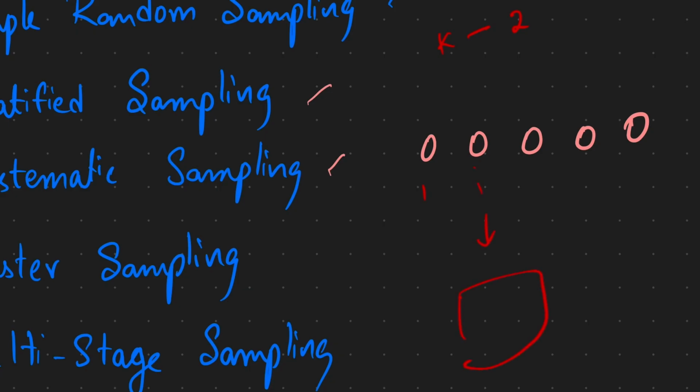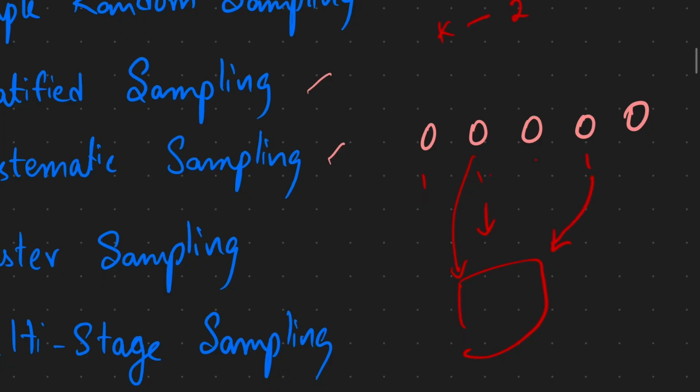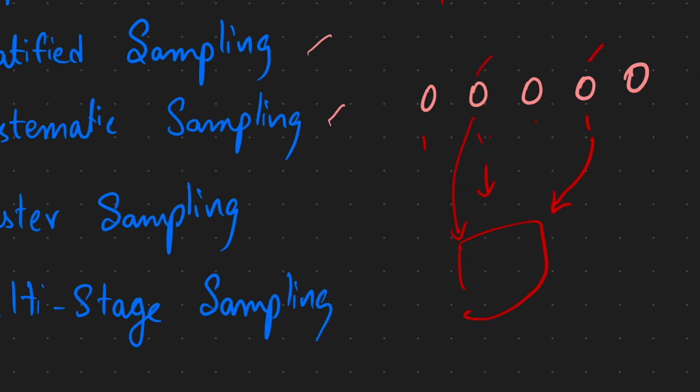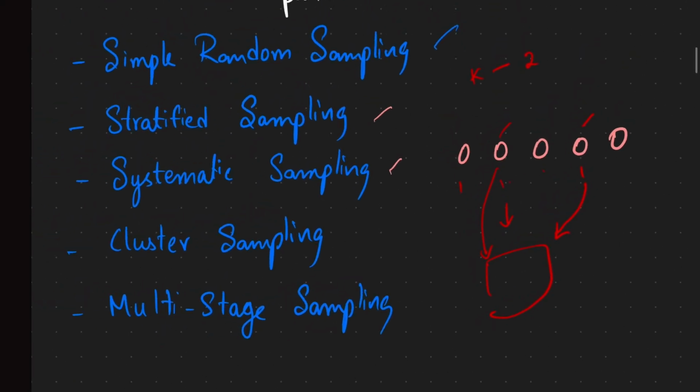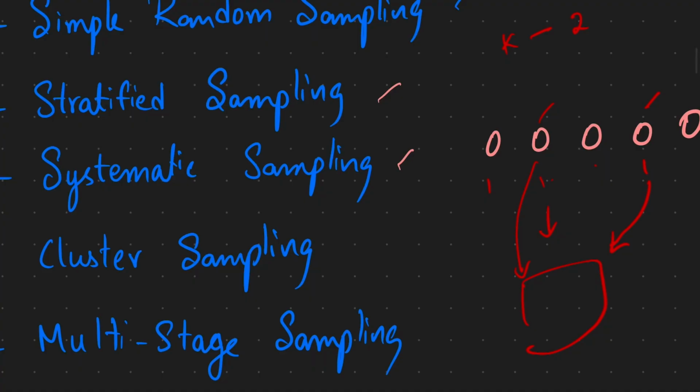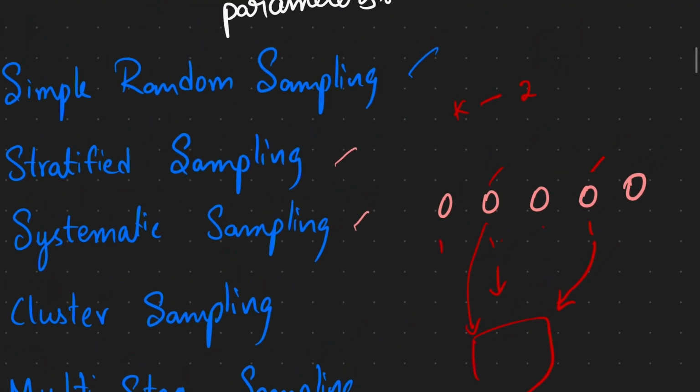This guy goes inside, and again 1, 2, then you can go into the sample. In a similar way, I'll pick these 2 people. That is the whole rule. It's systematic sampling. It ensures that not everything is random. It decreases the random percentage.